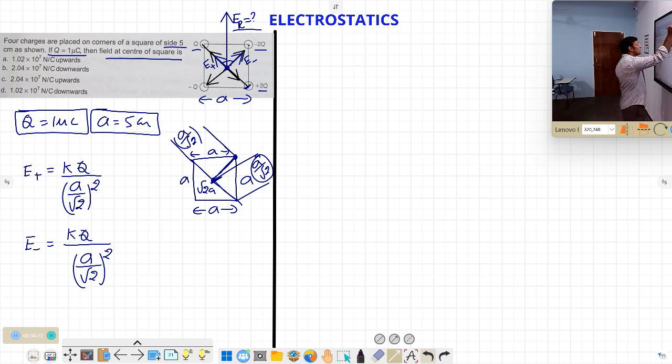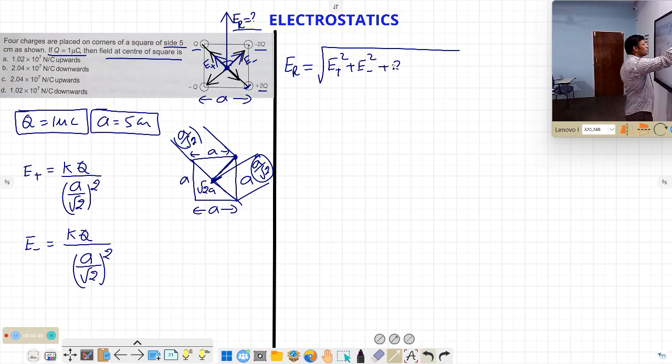The net electric field at that point, that is the resultant electric field, is equal to: both are separated by an angle of how much? 90 degrees. So you have to use the parallelogram law of vector addition: E plus square plus E minus square plus 2 E plus E minus cos 90 degrees, all under root.